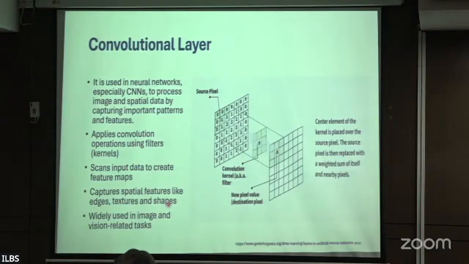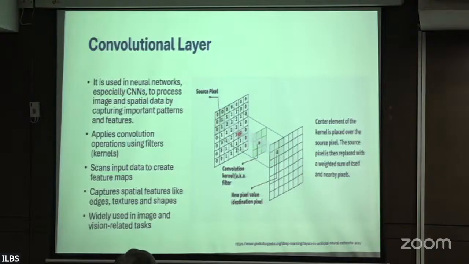The convolutional layer has a small matrix that is called a kernel or filter. For example, the left side matrix is our image. The small green square, a 3 by 3 matrix, is our kernel.